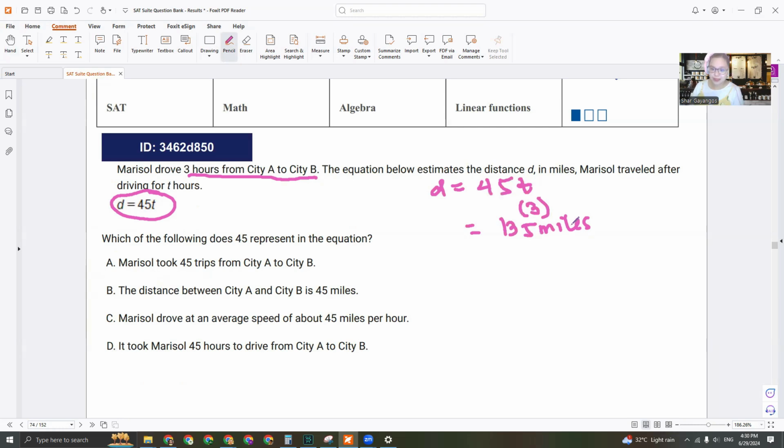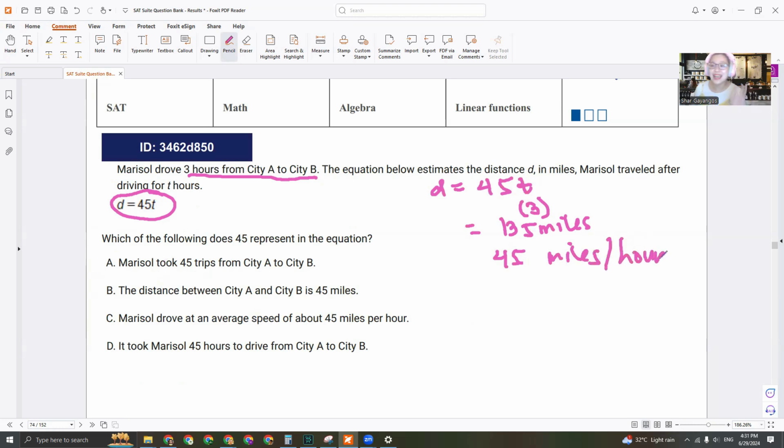After t hours, Marisol can cover a certain distance based on the speed. 45 represents the speed. Correct. So meaning, Marisol can cover 45 miles per hour, right?